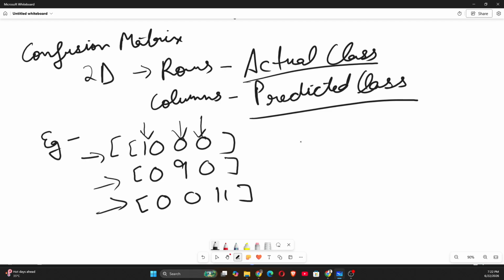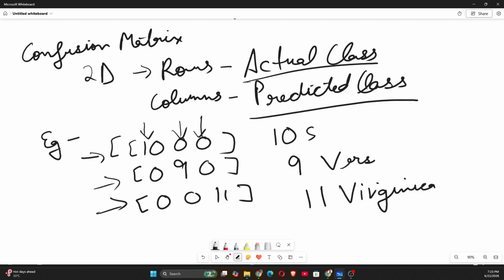So what was it meaning? 10 Setosas were correctly predicted as Setosa. 9 Versicolor were correctly predicted as Versicolor, and 11 Virginica were correctly predicted as Virginica by the model.